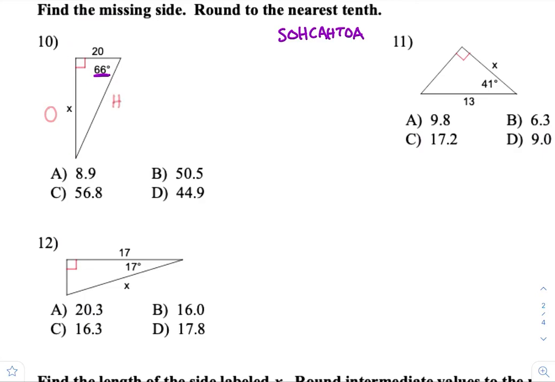This is the hypotenuse, and the side next to it would be adjacent. So information at O and A, so the one that uses O and A is T for tangent. So tan of 66 is equal to opposite, which is x, over adjacent, which is 20. Put that over 1. We're going to cross multiply. X is equal to 20 tan of 66.